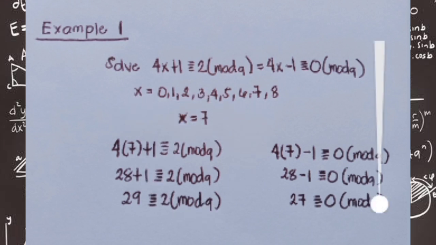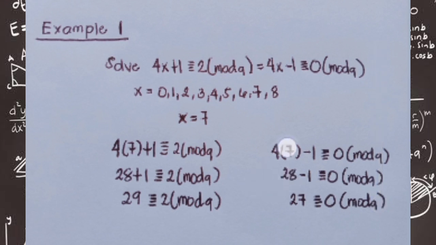So, first we need to compute if the statement is true. First, substitute x with 7. 4 times 7 plus 1 is congruent to 2 modulo 9. 4 times 7 is equal to 28 plus 1, that is congruent to 2 modulo 9. 28 plus 1 is equal to 29, congruent to 2 modulo 9.